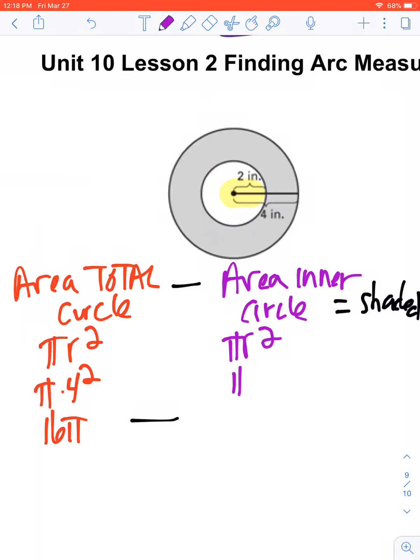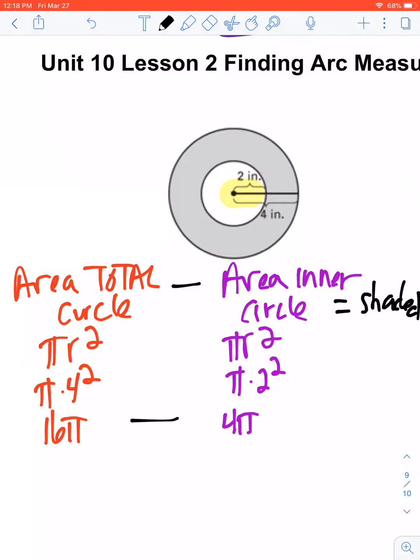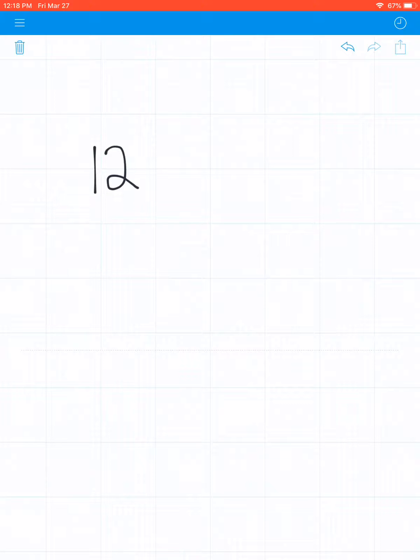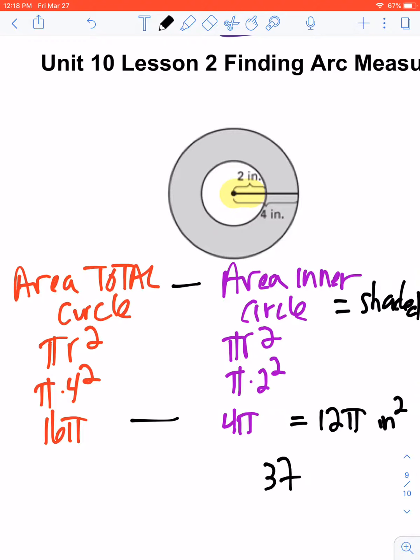So this is going to give me pi times 2 squared, or 4 pi. So when I subtract 16 pi minus 4 pi, I would get 12 pi inches squared if I left my answer in terms of pi. Or if you prefer a decimal, 12 times pi gives me 37.7 square inches. And that would be the area of the shaded region.